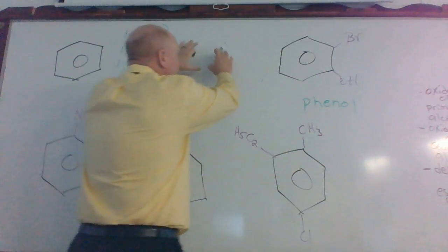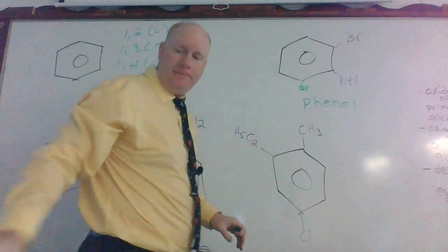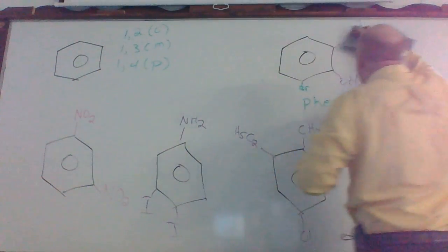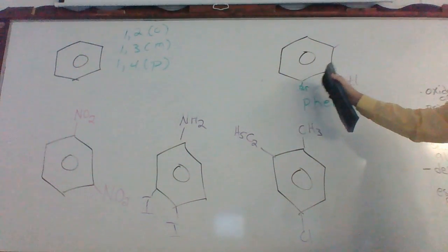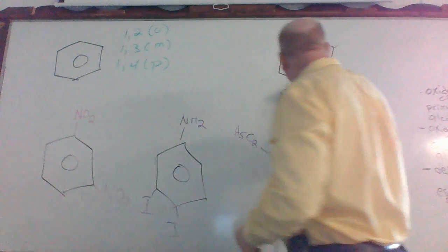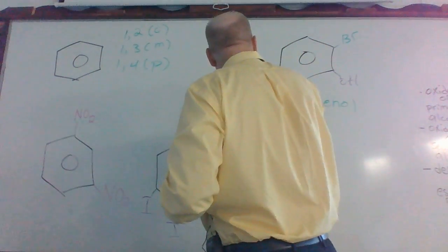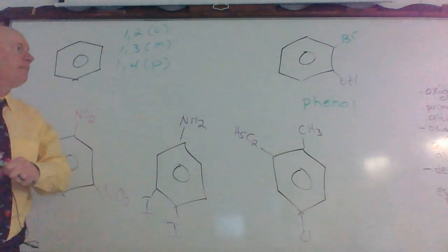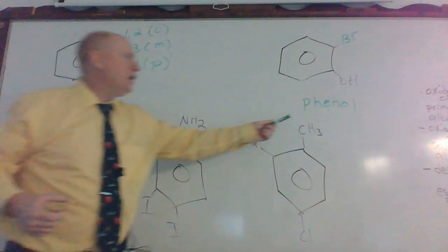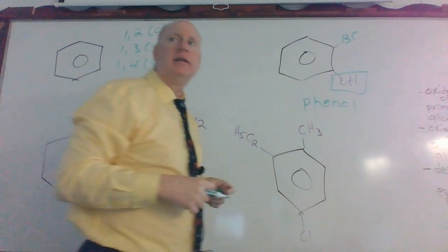So that's what we're trying to describe here, because if this bromine group is down there, that's also an ortho position because this one's number 1, that one's number 2. Okay, but we'll go back to how we had it. And also, anytime you're naming these, when you say phenol, you're saying that this is number 1, and that is correct.